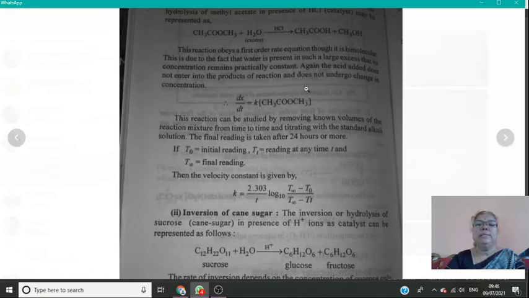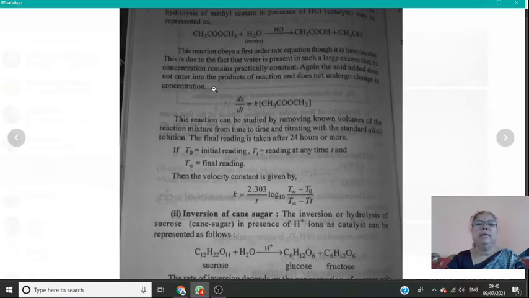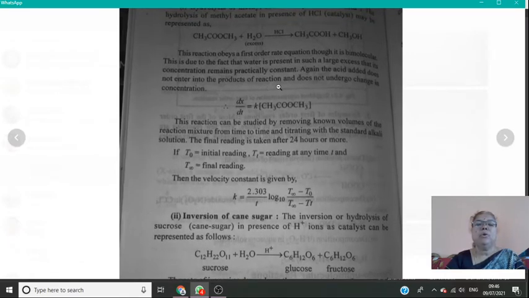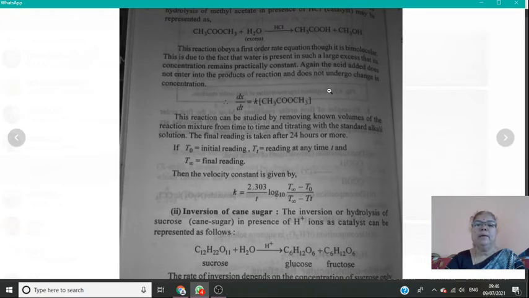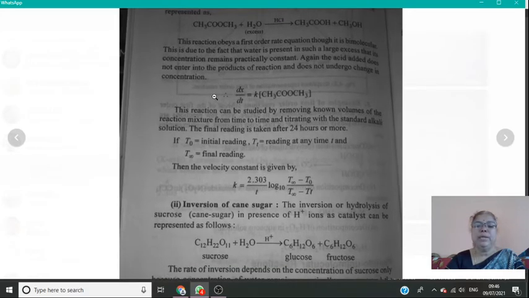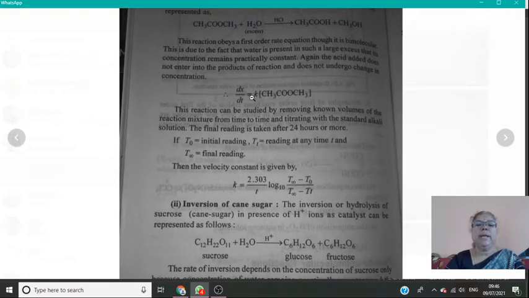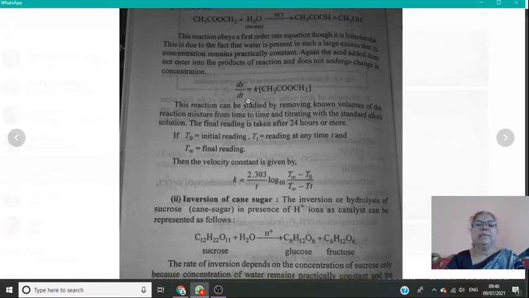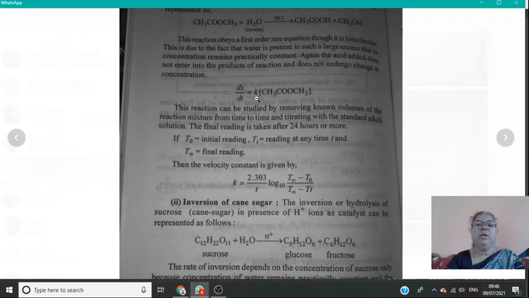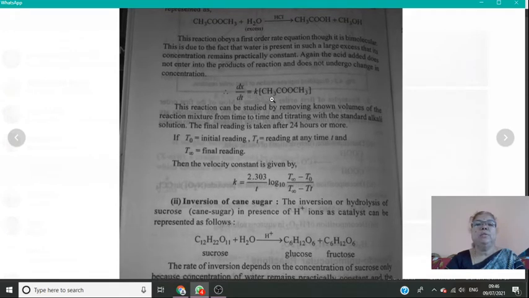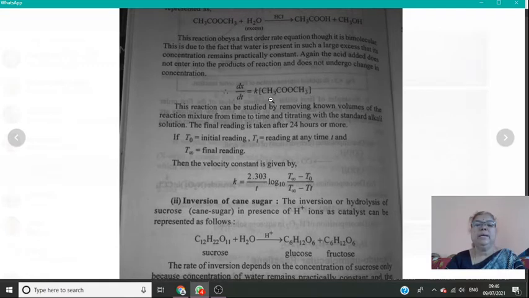Again, the acid added does not enter into the products of the reaction and does not undergo change in concentration. And the rate of this reaction we can write as dx by dt equal to K into concentration of ester methyl acetate, that is CH3COOCH3.